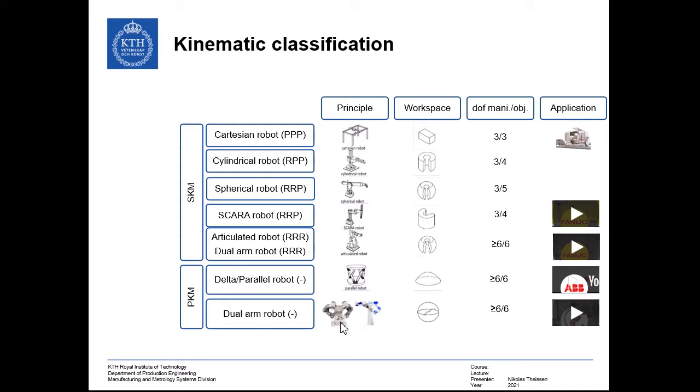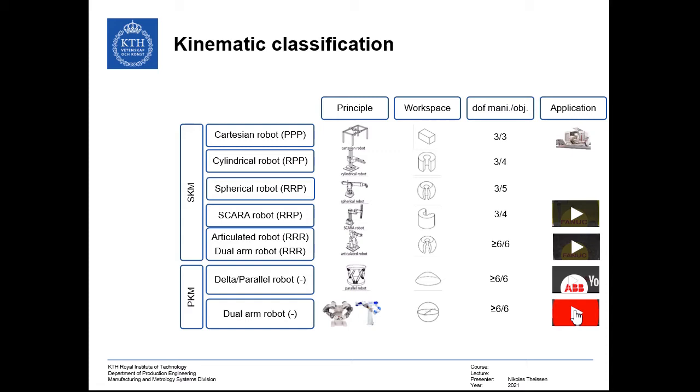That is, if both arms were to grasp the same box, then you would essentially end up with a parallel kinematic machine, as opposed to if both arms were individually used on other objects. Its workspace is a perfect sphere, and it usually has more than 6 actuatable degrees of freedom, and this results in 6 degrees of freedom on the object to be manipulated.